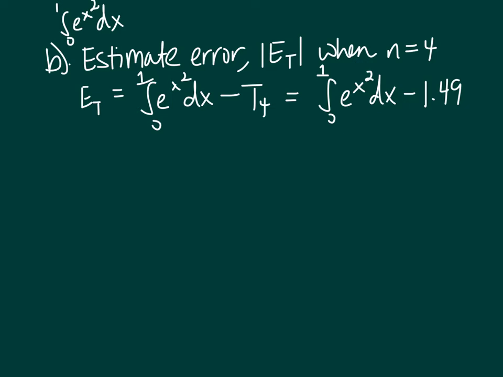So this is what I mean by the error. And we are going to estimate the magnitude of the error. So that's going to be putting magnitude signs on this here.